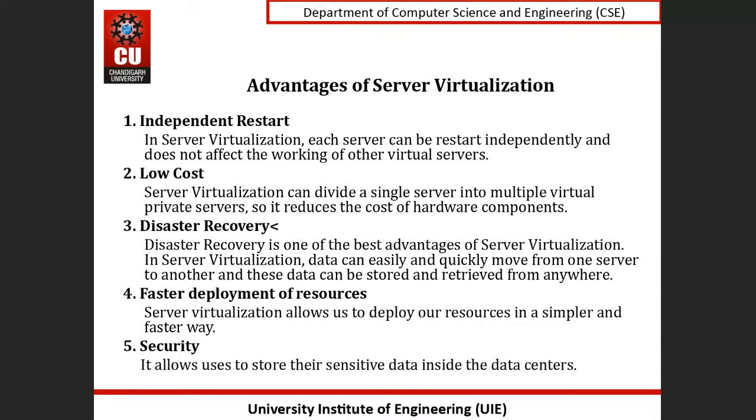Faster deployment of resources. Virtualization allows us to deploy our resources in a simpler and faster way, right? When we are creating these virtual servers, there is a part called hardware assisted virtualization. Earlier we saw the types of server virtualization, and one of them is hardware assisted virtualization, right?